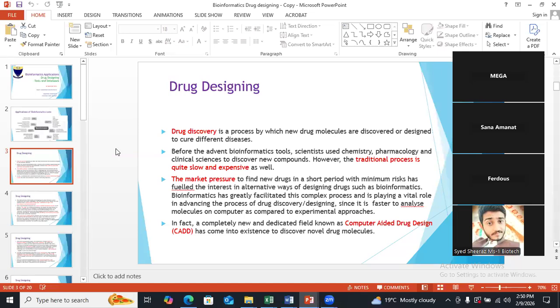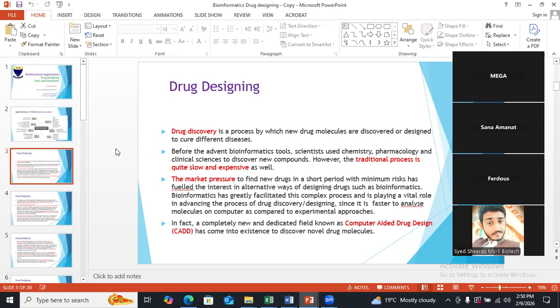That is one of the reasons why the drugs are very costly. One of the costs is the cost of research and development. Research and development was very slow and very expensive with the traditional or classical methods or processes.